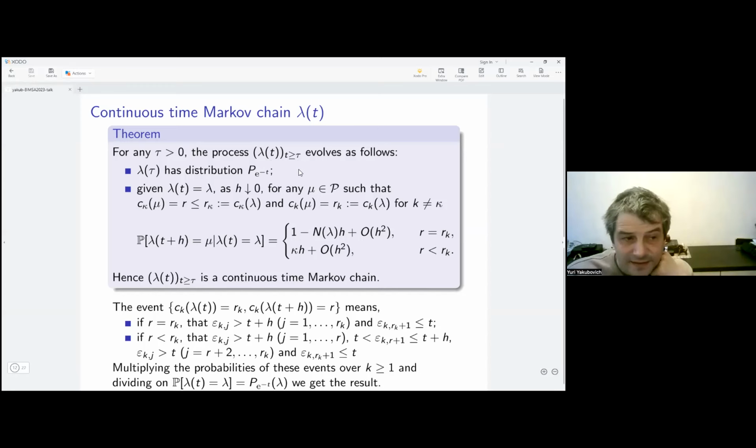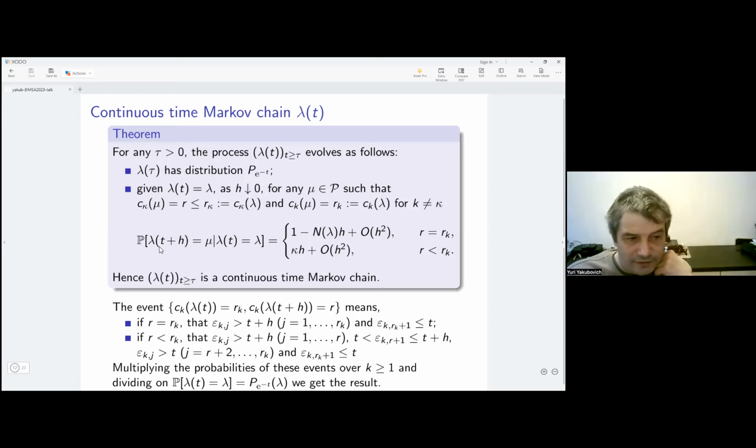And then it has the following properties. So it should be e to the minus tau here, it's a misprint. Lambda of tau has this distribution, so it's an initial distribution.